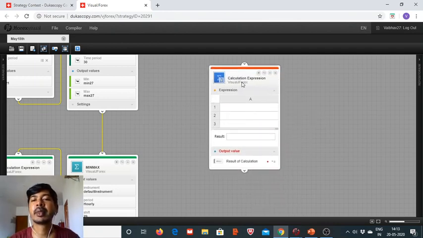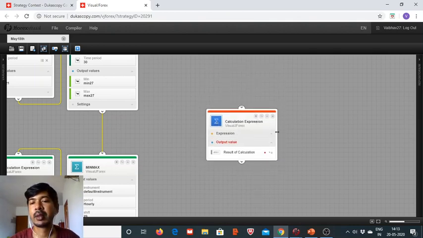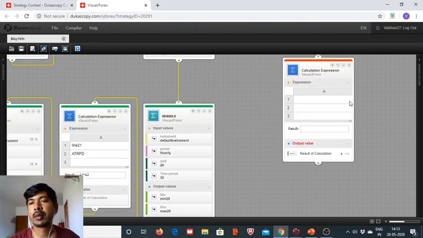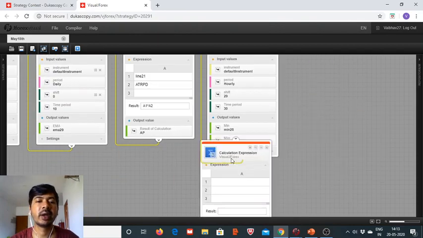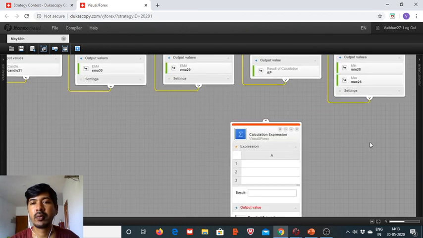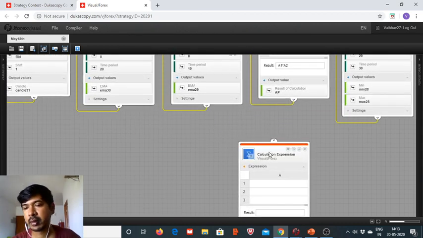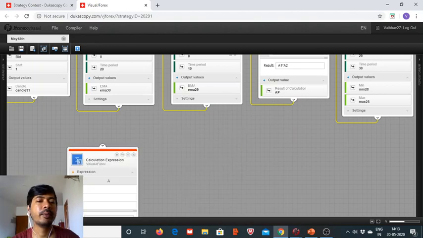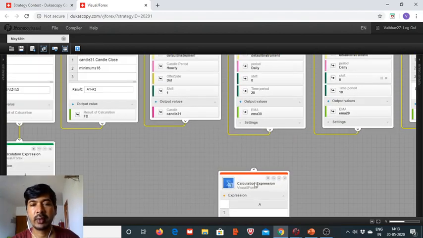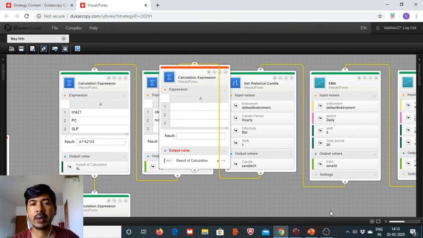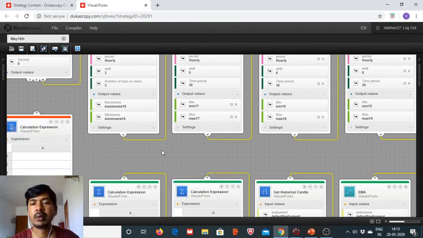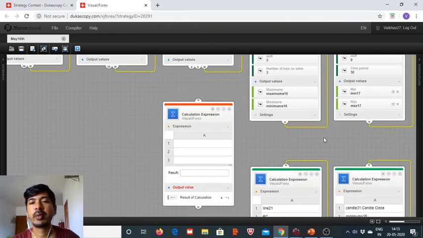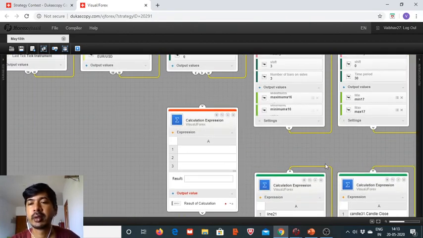And first we do the entry point, and to define the entry point we get the minimum of the fractal, and then we add 5% of the daily ATR, and that would be our entry point.